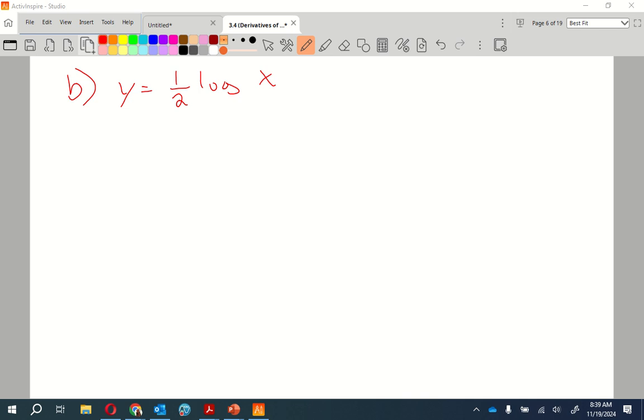So my a value there is 10. I don't have anything crazy to do now because it's 1/2 times, this is my coefficient, the number out front, just going to be times whatever we have. So y prime is going to be 1/2 times the derivative, which is 1 over x ln of 10.